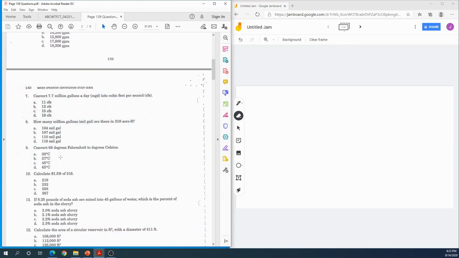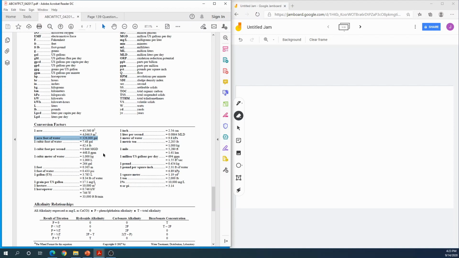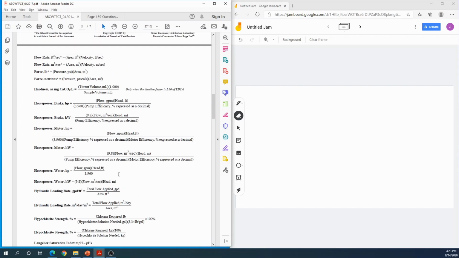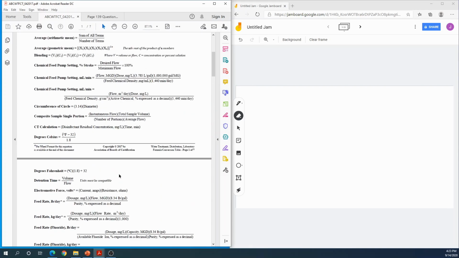All right, looking at number 9. Convert 68 degrees Fahrenheit into degrees Celsius. So let's take a look at our cheat sheet. So we have degrees Celsius is equal to degrees Fahrenheit minus 32 divided by 1.8.